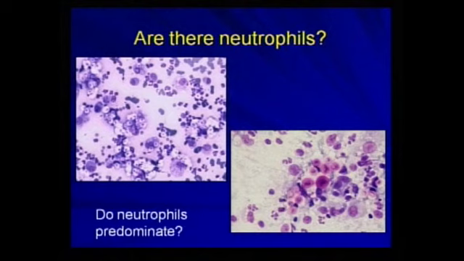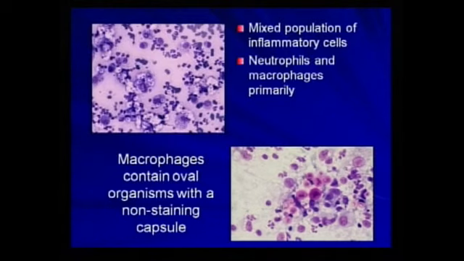In the bottom right-hand corner, you can get a better look at some of these round fungal yeasts which have been engulfed by a macrophage. And there are some neutrophils around them. They are variably sized. If we were lucky, we might see some budding. But one thing that stands out is the presence of a capsule around them. The capsule does not stain.